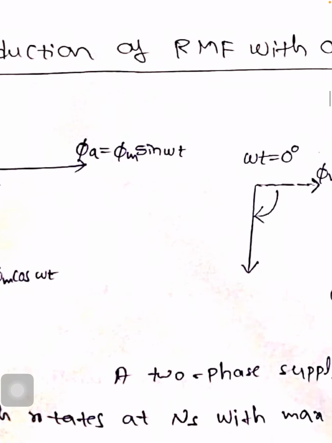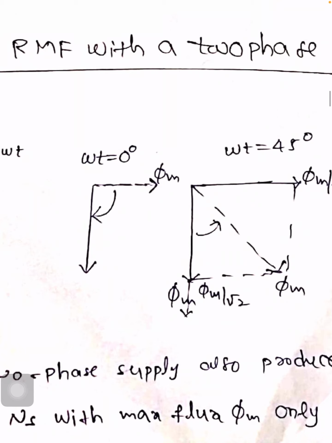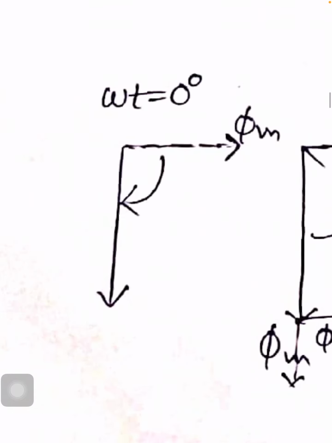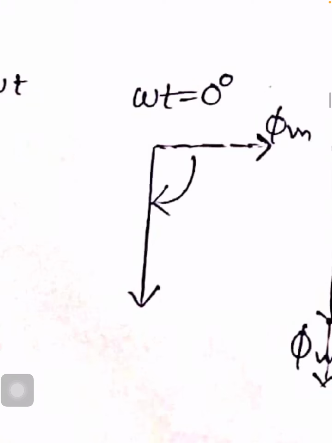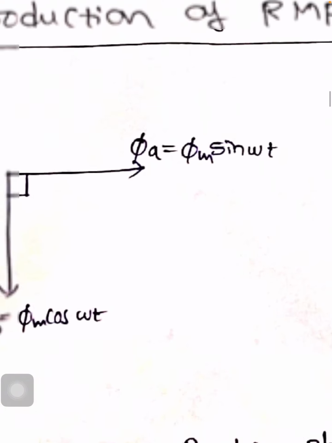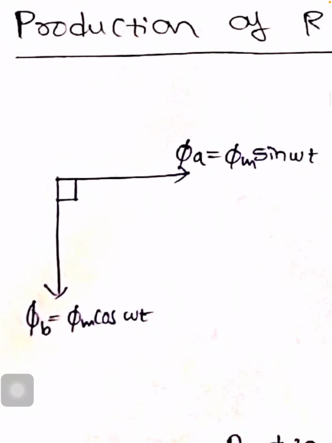Then what happens at an angle of ωt equal to 0 degrees? It is very simple. Simply substitute ωt equal to 0 degrees in these two phases: φA is equal to φm sin 0, and the other phase φB is equal to φm cos 0.